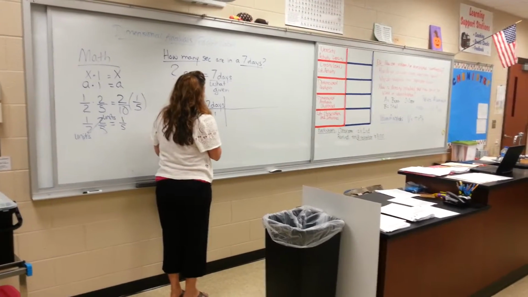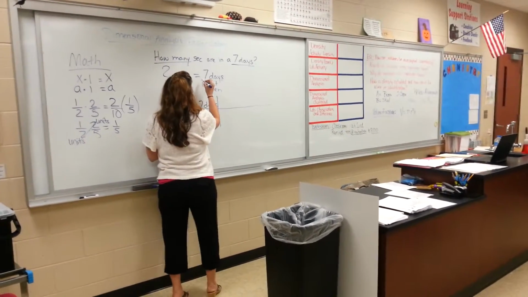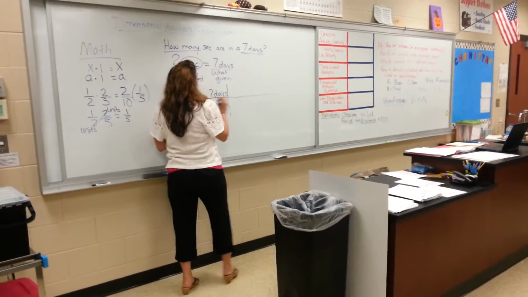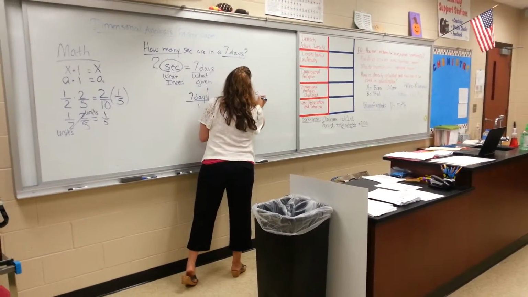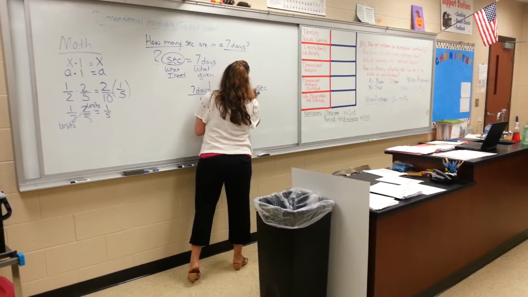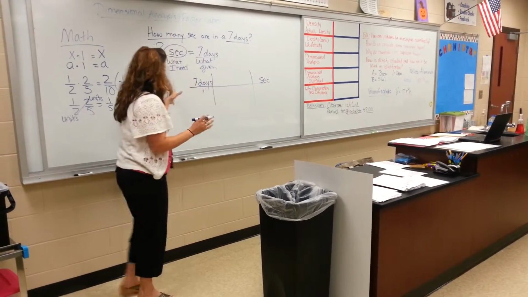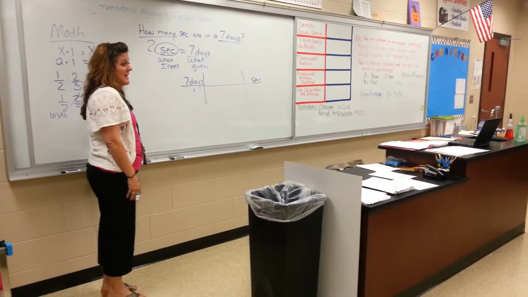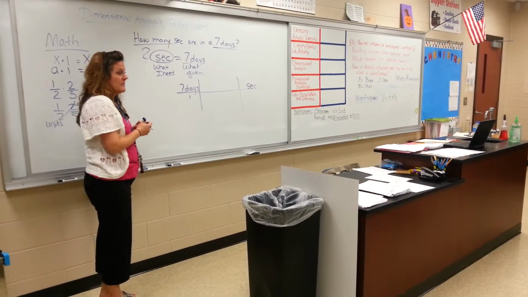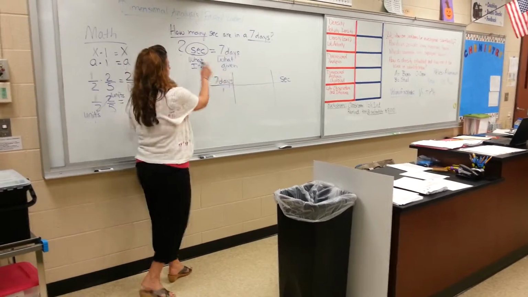And the last step I'm going to ask you to do is to take what you need. And if you do this, I promise you, you will really be okay with this. Put your seconds, what you need, on the top of your last fraction. And this is how I start. I haven't even done anything yet. This is just my start. This is my template for every problem. First step, question mark.